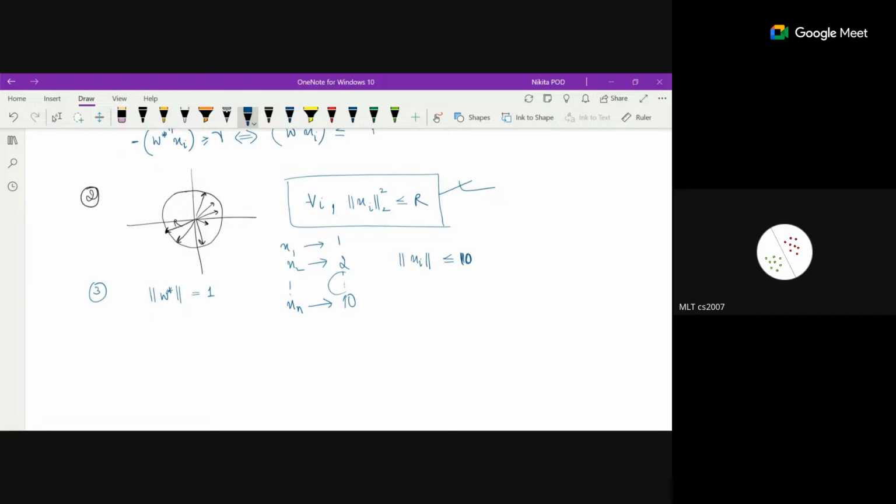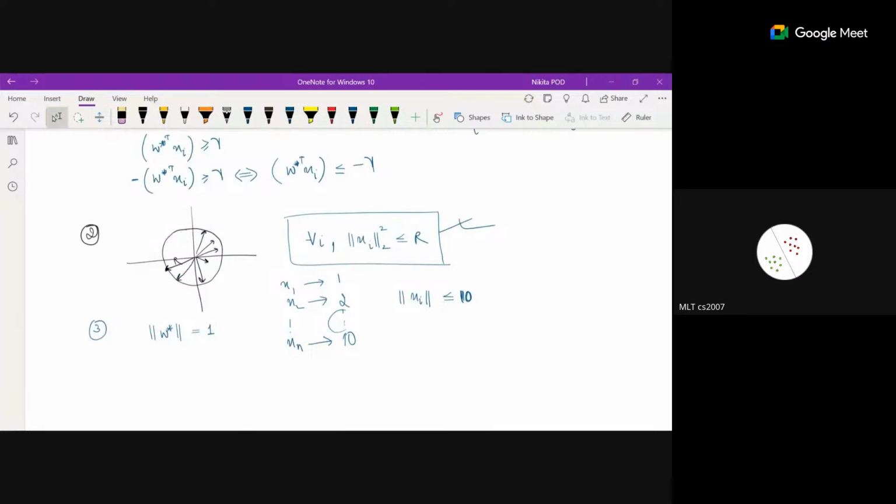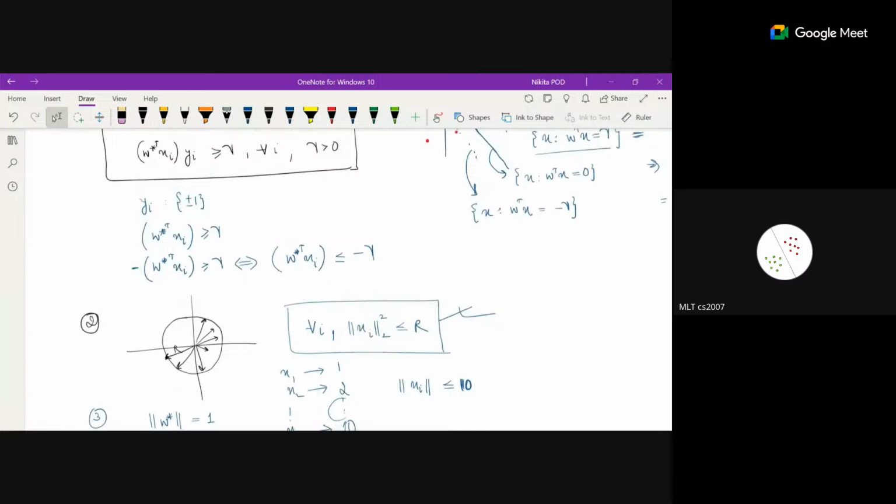All we are saying is that, this is not the assumption for the perceptron, but this we are going to use for proving the convergence of the perceptron.